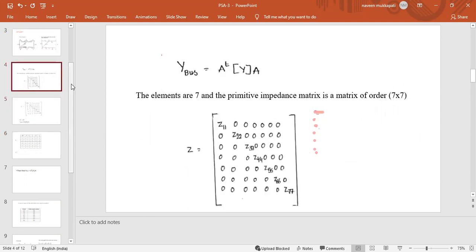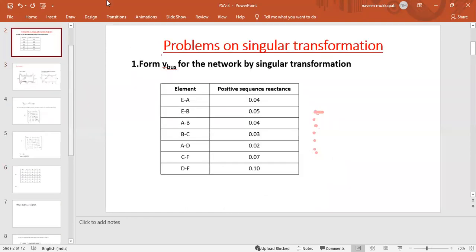How many elements are there? Element 1, 2, 3, 4, 5, 6, 7. Totally we have 7 elements. And how many nodes are there?